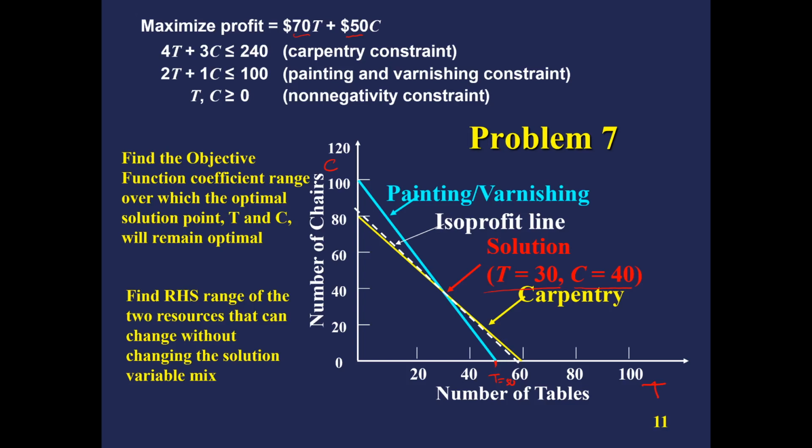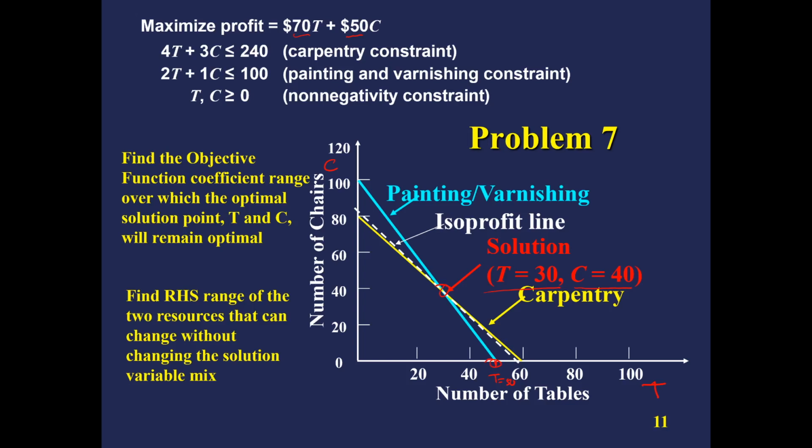Moving towards the origin means decreasing the right hand side, with the same slope, and the corner point will start moving downward until it goes to this point, where T is equal to 50 and C is equal to 0.